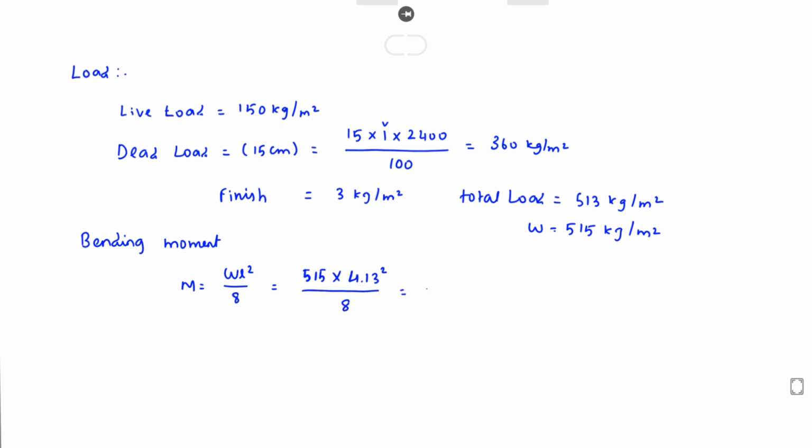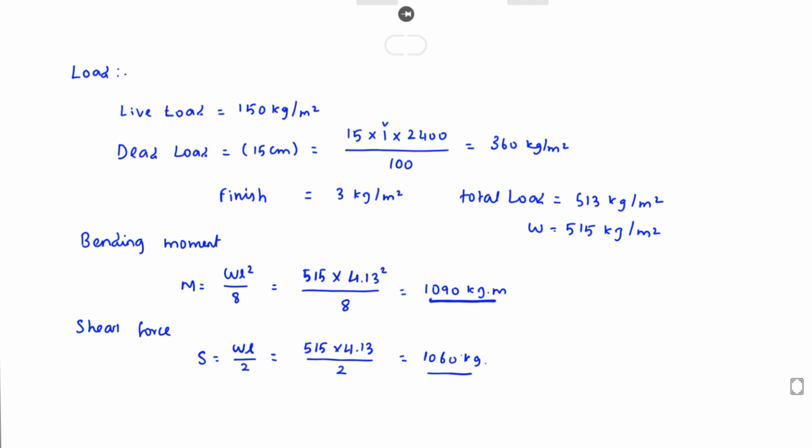Now we got the value of 1090 kg meter. Next is shear force: S equal to WL by 2. Substituting 515 into 4.13 divided by 2, we got the value of 1060 kg. So this is the bending moment and this is the shear force.